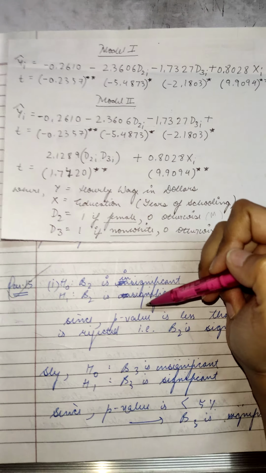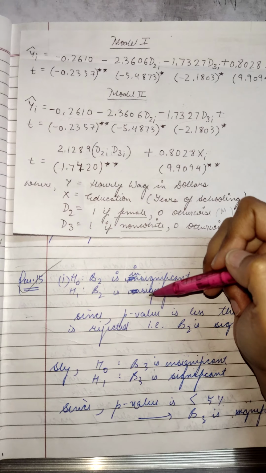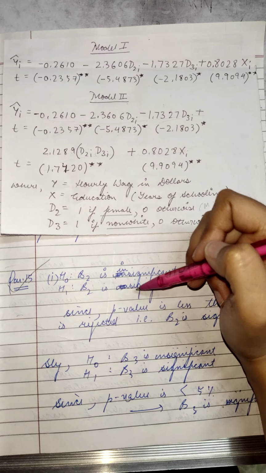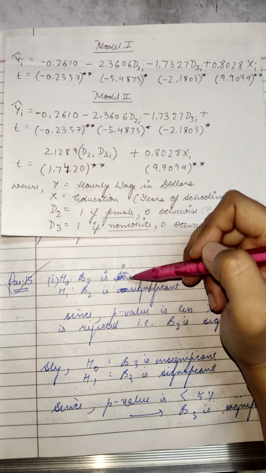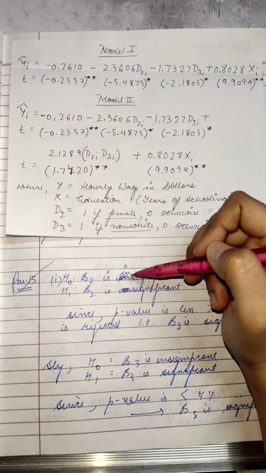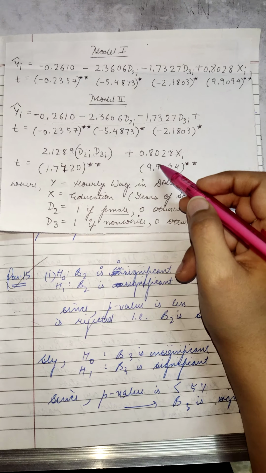So part 1 of the question says, are the differential intercept coefficients for both the models statistically significant? So I need to check whether all the coefficients of dummy variables which actually act like differential intercept coefficients are significant or not.